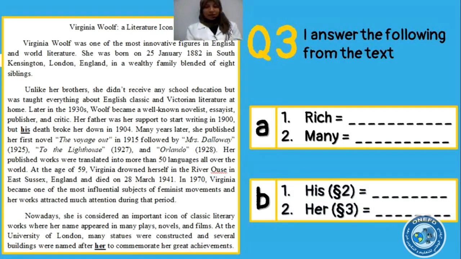Second, B, you are going to look for the words that refer to these 2 words we have. First we have his in paragraph 2 and we have her in paragraph 3. These words are underlined in the text as you can see. So please, you have 1 minute to answer both questions.